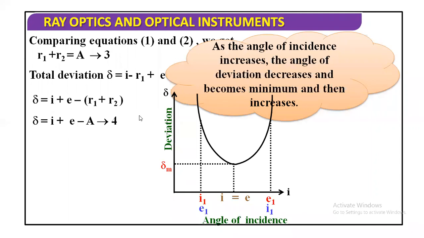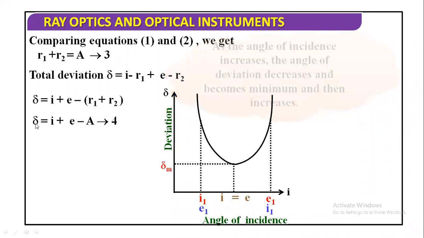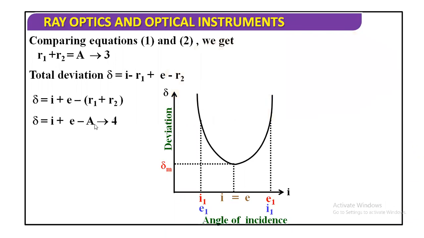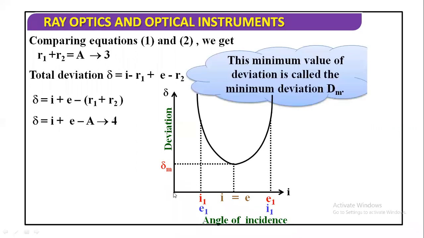Now let us plot a graph between angle of deviation and angle of incidence. You take angle of incidence along the x-axis and angle of deviation along the y-axis. You will get a graph like this, a U-shaped graph. Now start from the origin.